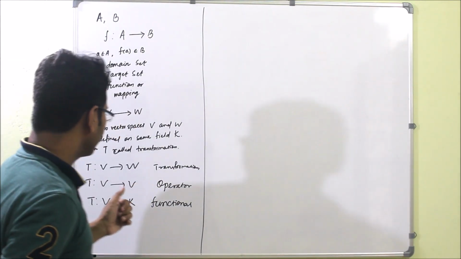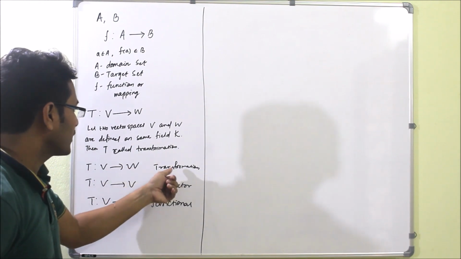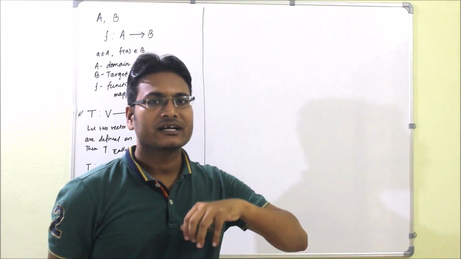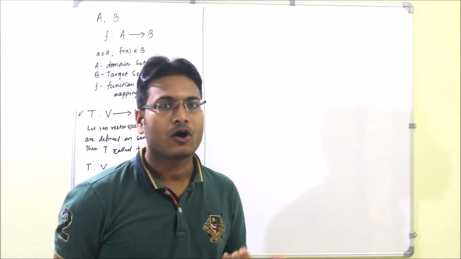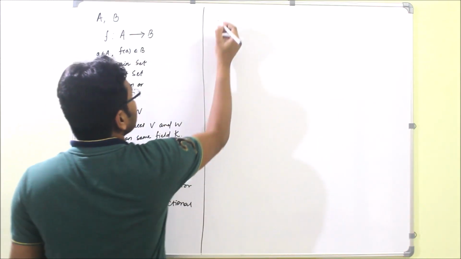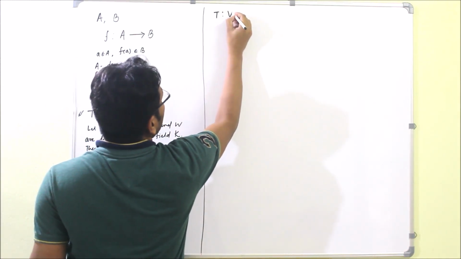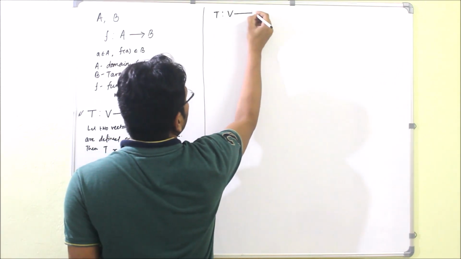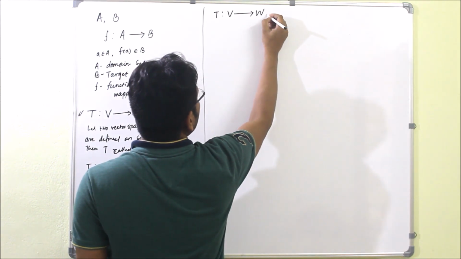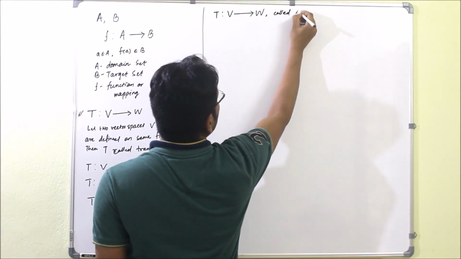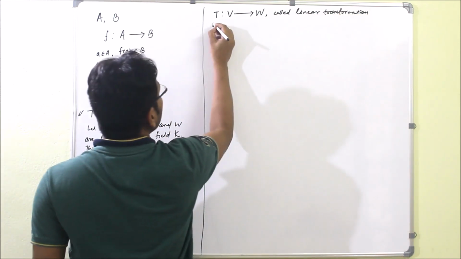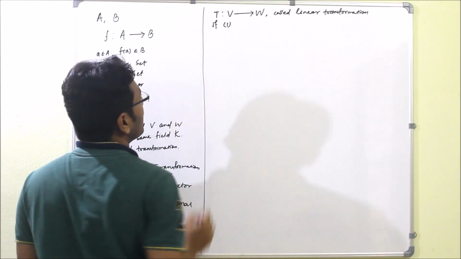Now we will see, with the same definition of transformation, when it is called a linear transformation. That means what properties a transformation obeys to be called linear. The transformation T defined over vector space V to W is called a linear transformation if it satisfies two properties.